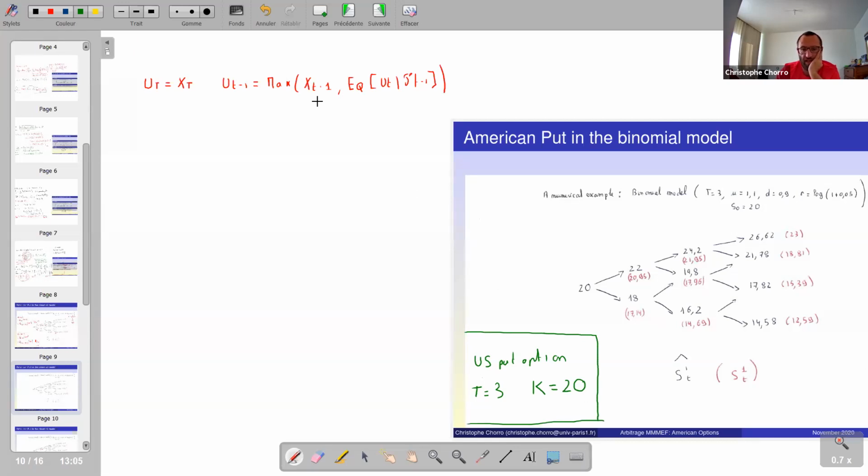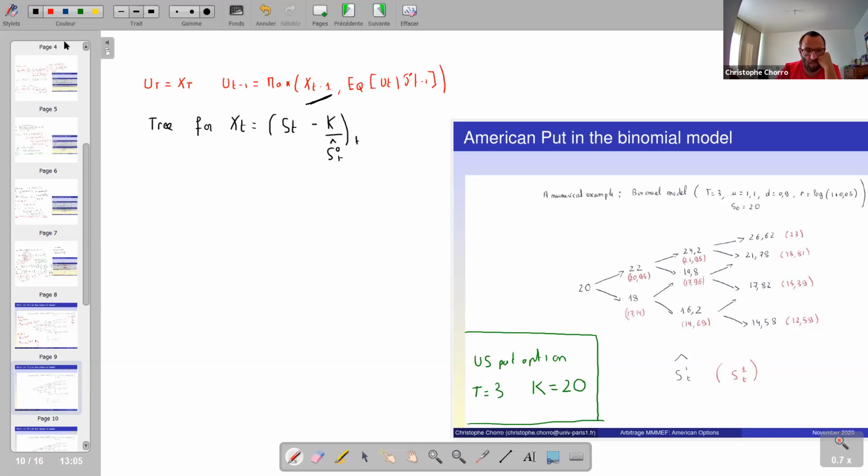If I want to price it, I need to know this one, because U_{T-1} will be the max between this conditional expectation that I will compute backward, and this one. So I need to do the tree for X_T, where X_T here is simply (K minus S_T) over S_0 (1+r)^T, positive part.